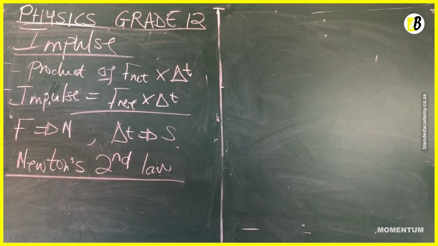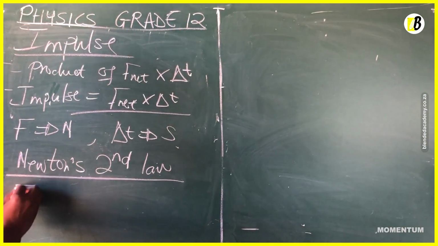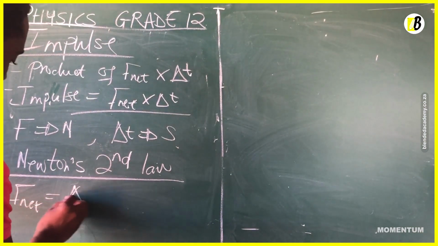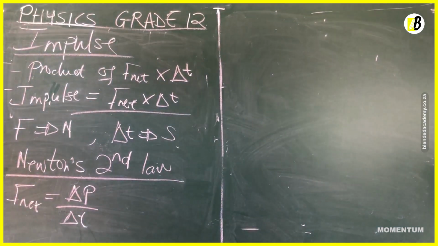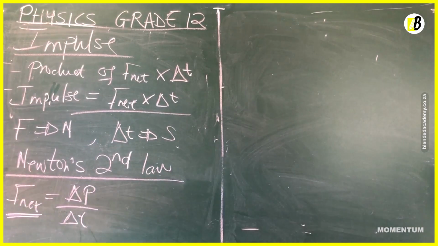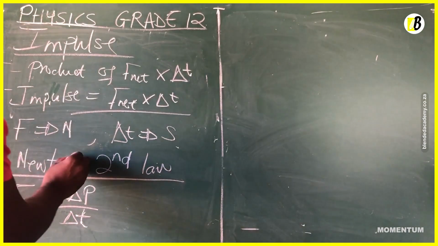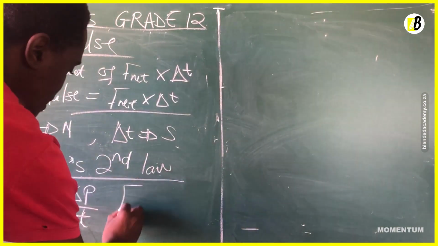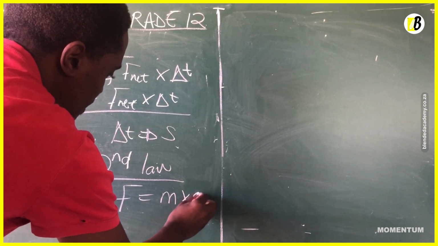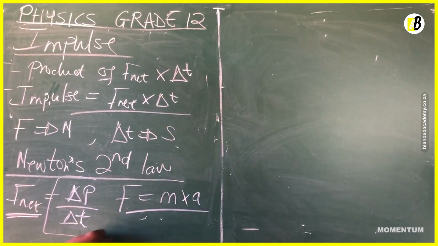While expressing this law in terms of momentum, we're going to have F net equals change in momentum divided by change in time. Because now it states that the net force acting on an object is equal to the object's rate of change of momentum. Unlike in the second law, where it says F net equals mass times acceleration, in terms of momentum it's going to be in this form now.